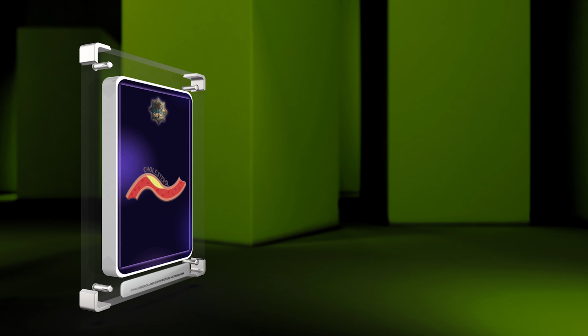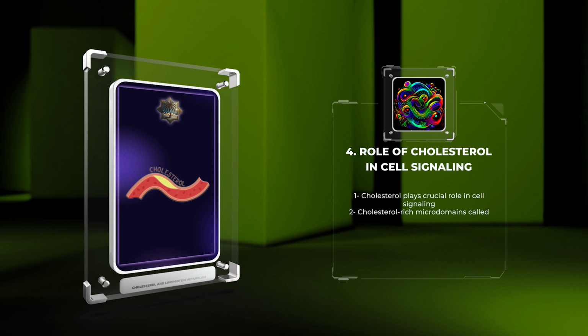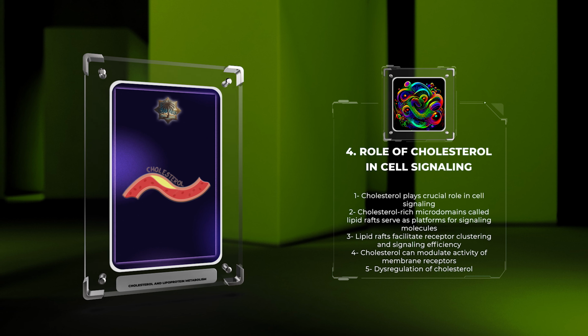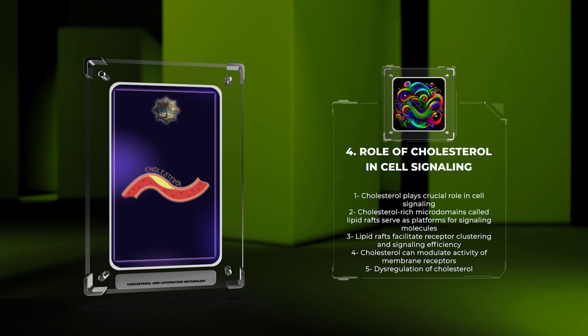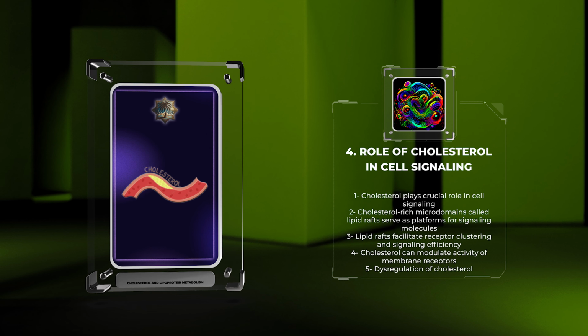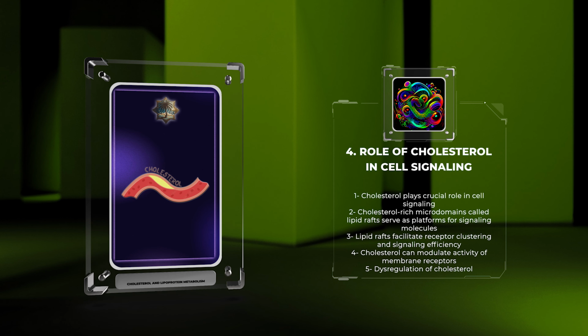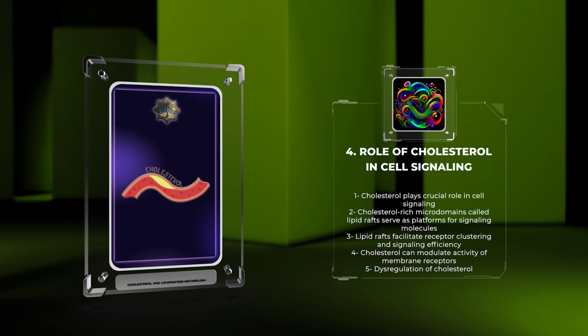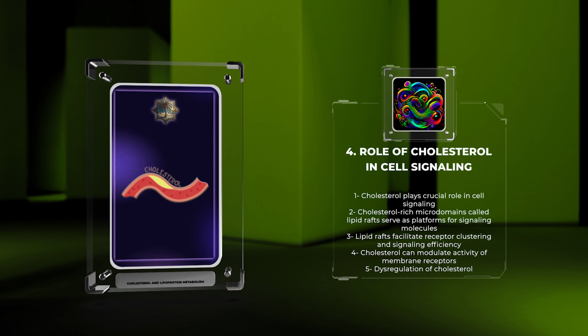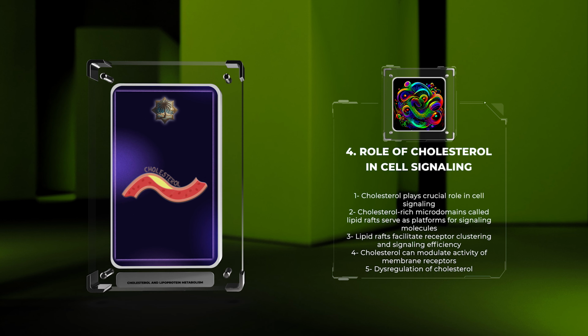Beyond its structural role in cell membranes, cholesterol also plays a crucial role in cell signaling. Cholesterol-rich microdomains, known as lipid rafts, serve as platforms for the recruitment and activation of signaling molecules. These lipid rafts facilitate receptor clustering, optimize signaling efficiency, and regulate the spatial organization of signaling pathways.